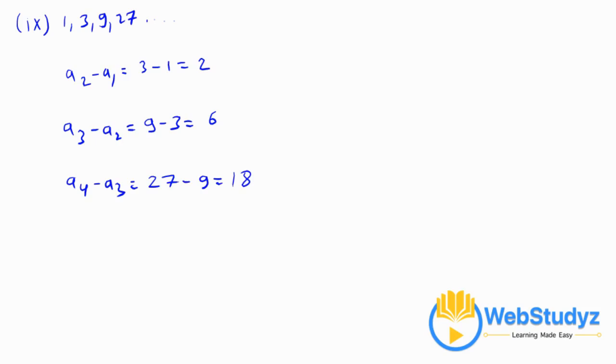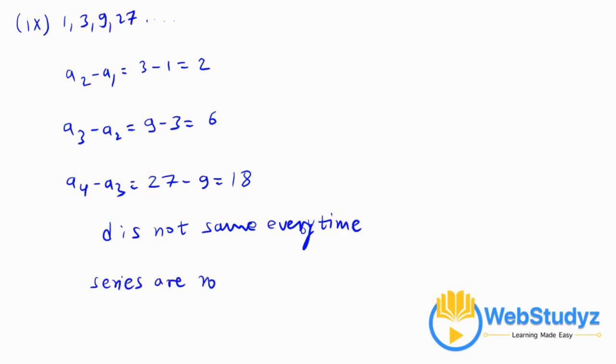So as we can see, D is not the same every time. That means we can say the given series are not in AP.